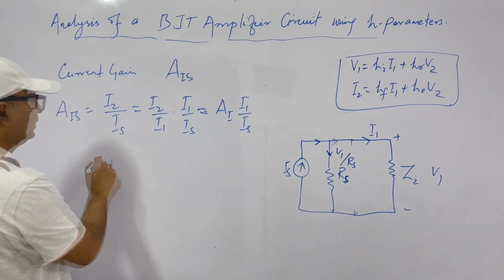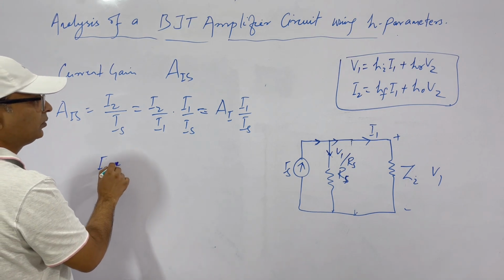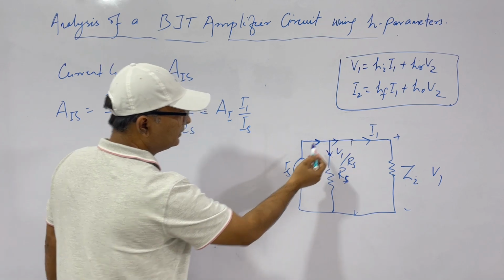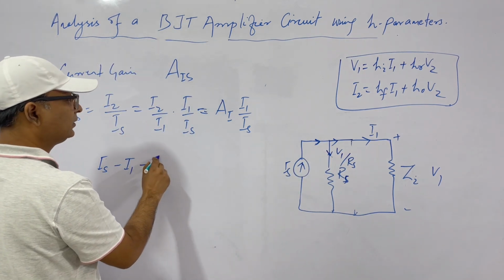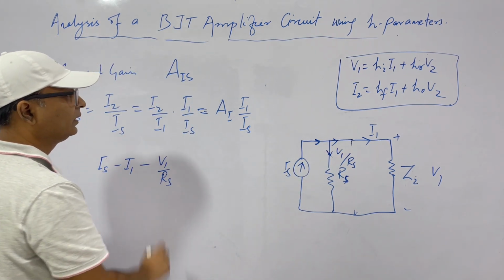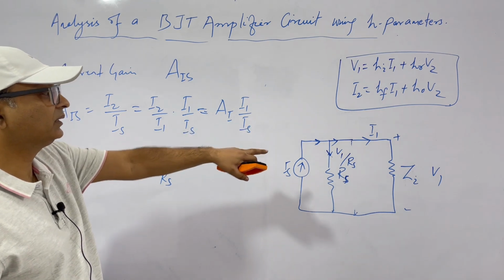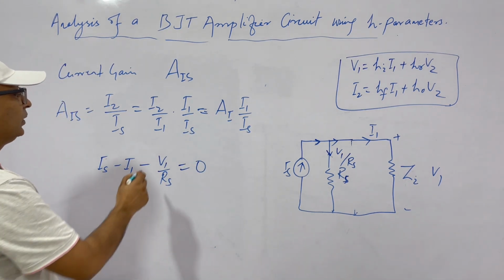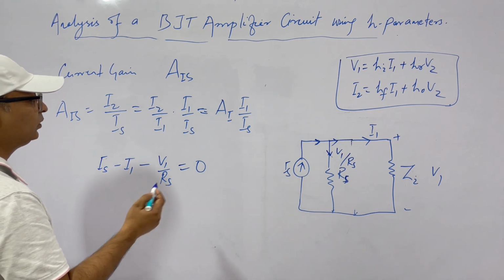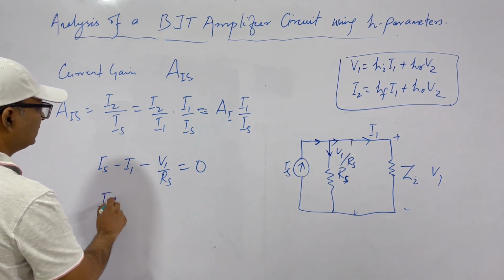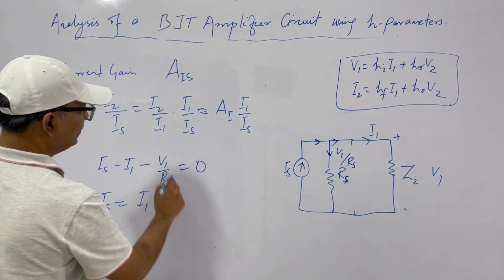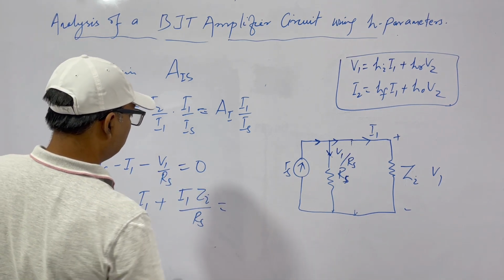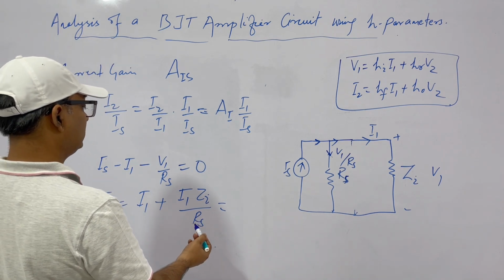So what is I1? Minus I1, these are exiting, and this is entering, minus V1 by Rs, that is Is minus I1 minus this is equal to 0. Now what is V1? V1 is I1 into Zi. So Is is equal to I1 plus V1 by Rs, that is I1 into Zi by Rs.